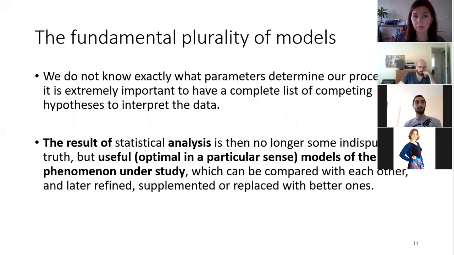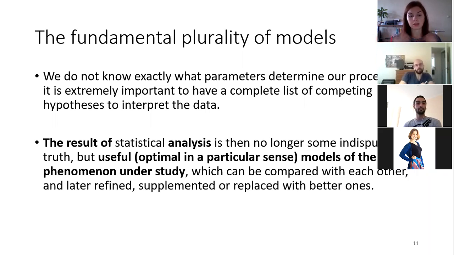And also some problems. We have a fundamental plurality of models. We don't know exactly what parameters determine our process. So it's extremely important to have a list of hypotheses, and we just compare the results of interpretation.